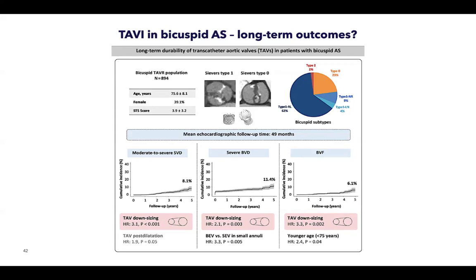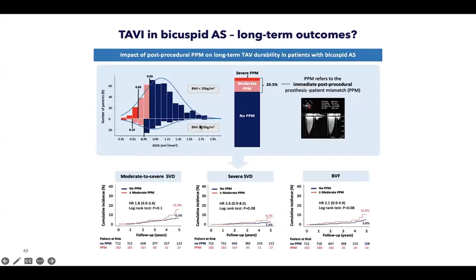So that's what this study showed. It also shows that PPM is highly discussed: does patient-prosthesis mismatch really matter? According to some companies, it doesn't matter that much. But if you look at this data set from 1,000 TAVI patients in bicuspids, it seems that those patients who had patient-prosthesis mismatch immediately after the intervention have a more than double risk of early degeneration at 5 years.